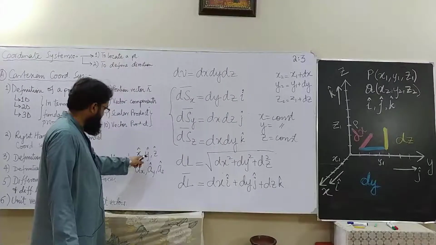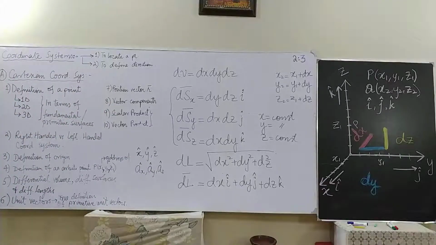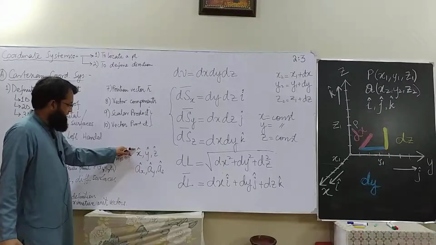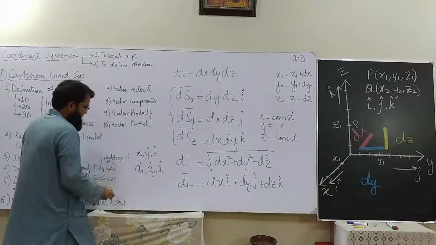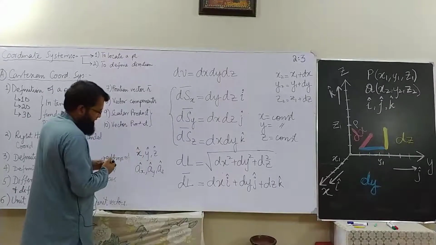The cap over each letter will signify that this is actually a unit vector, and I will urge you all not to be lazy while writing a unit vector. Always put a cap on it, okay? Otherwise I won't be able to recognize whether you're talking about a variable x or a unit vector in the direction of x.